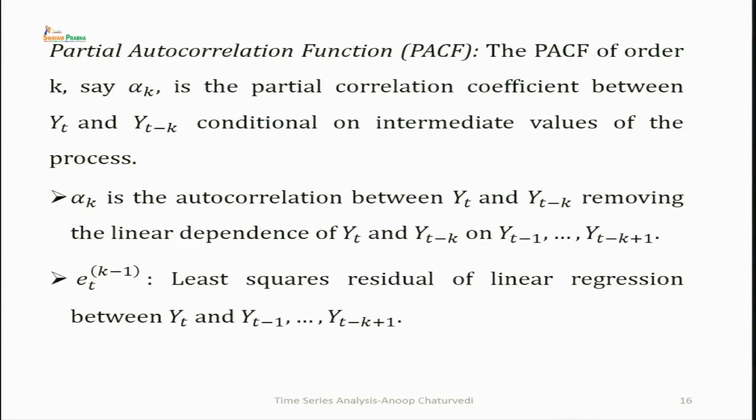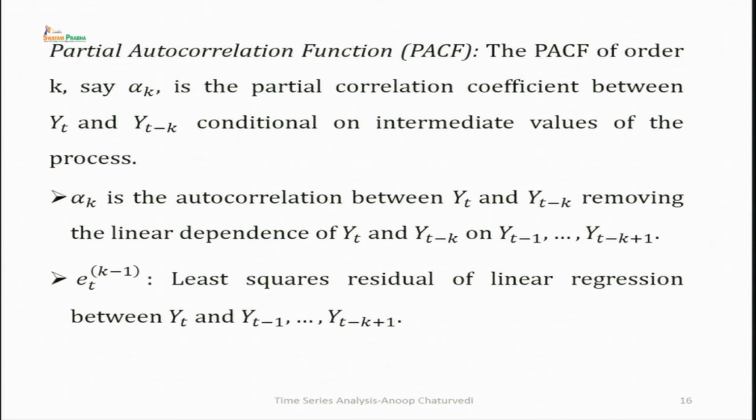We run the regression between x and z, obtain the residual. We run the regression between y and z, obtain the residual, and then we obtain the correlation coefficient between these two residuals. This gives you the partial correlation coefficient between x and y given z.